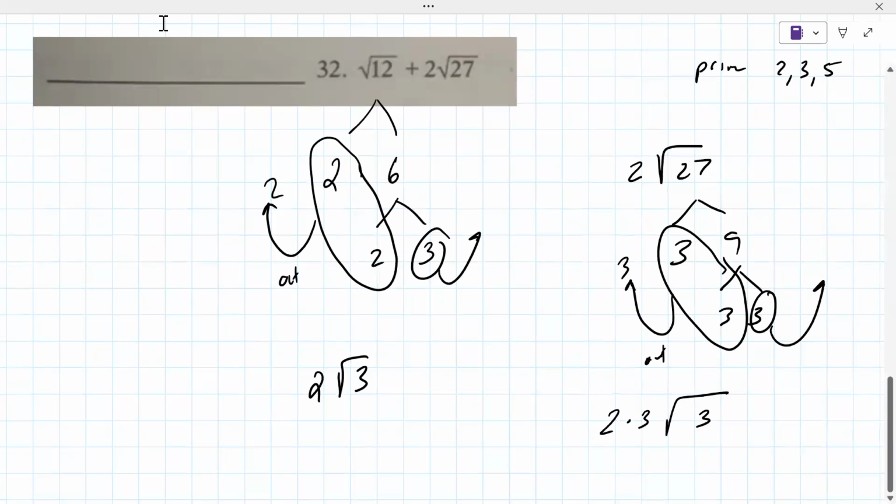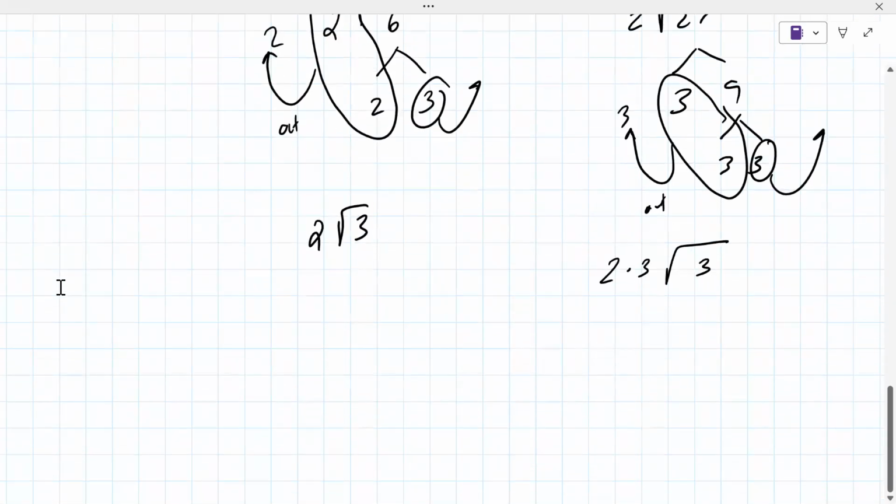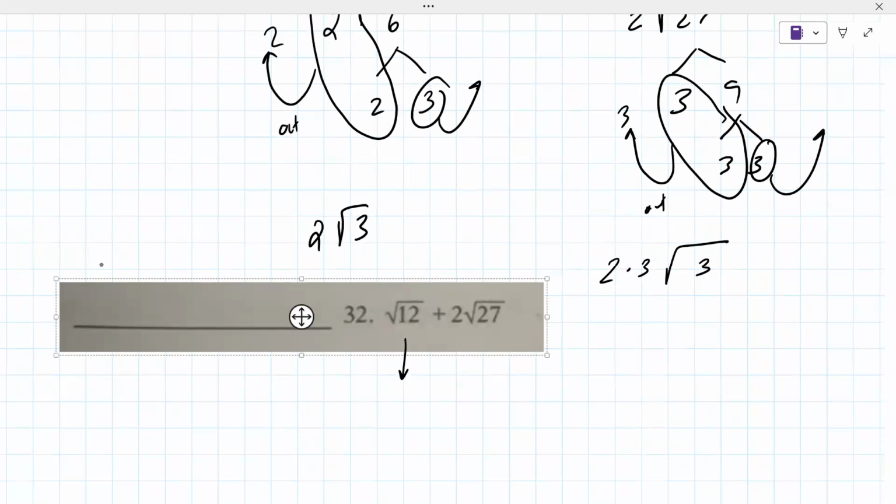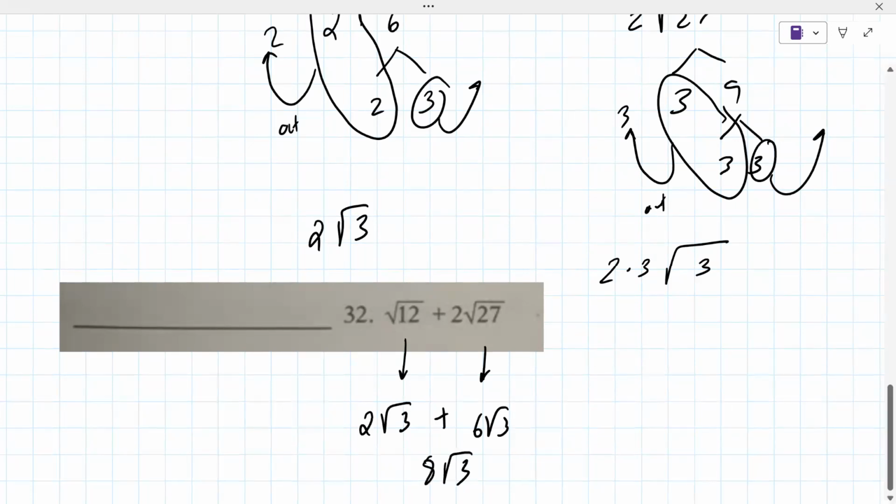So the net result is that this becomes 2 square root of 3. This becomes 6 square root of 3. They're both square root of 3s. So you can add them together. What does that become? That would be 8. 8 square root of 3.